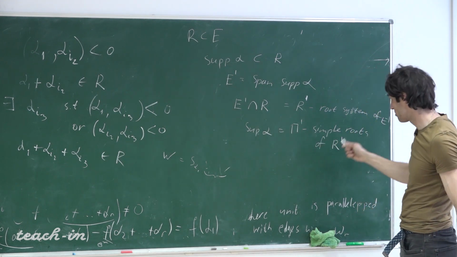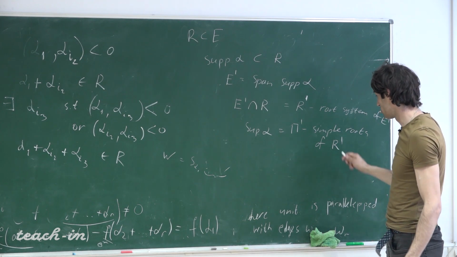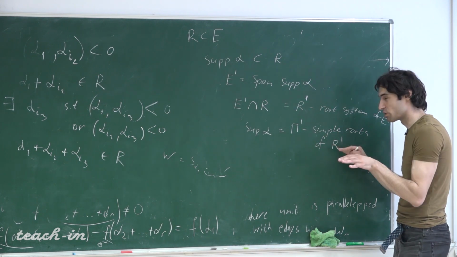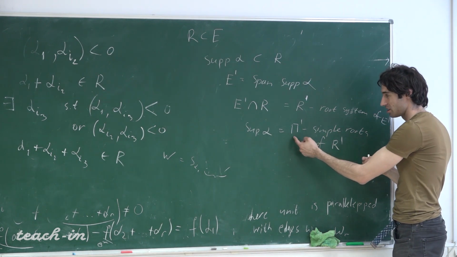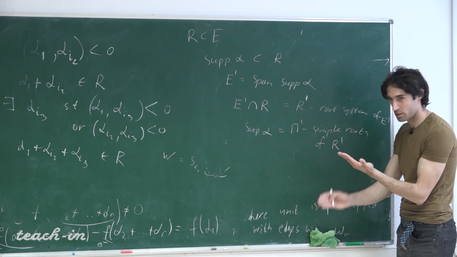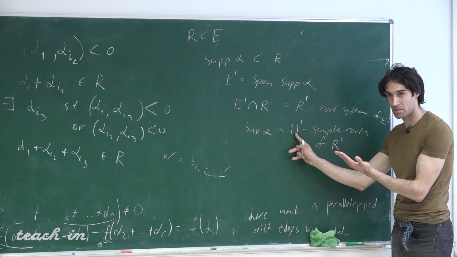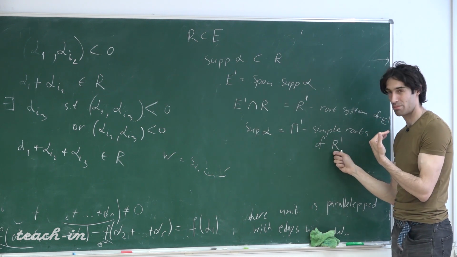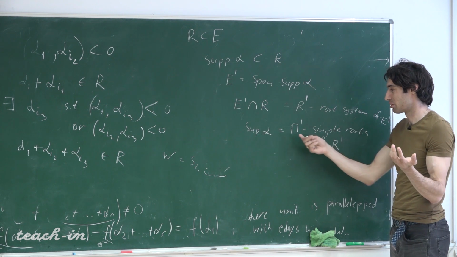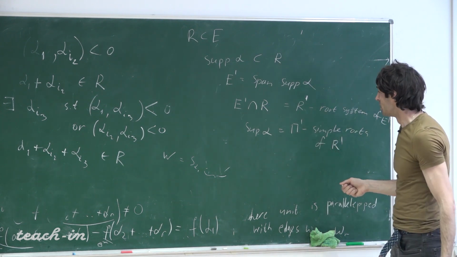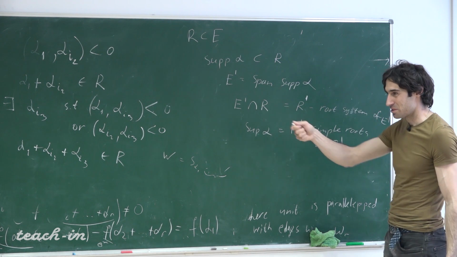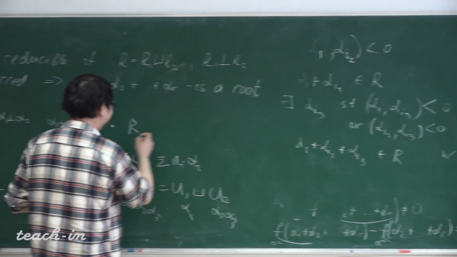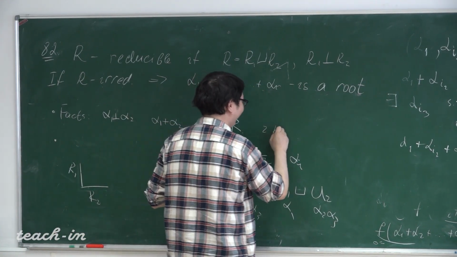So Pi prime is also simple roots. And these are all the simple roots, because we chose our subspace of the same dimension as Pi prime. We cannot have more simple roots for R prime, because otherwise we would not have a basis. Then I will use these two: there are two kinds of lengths.